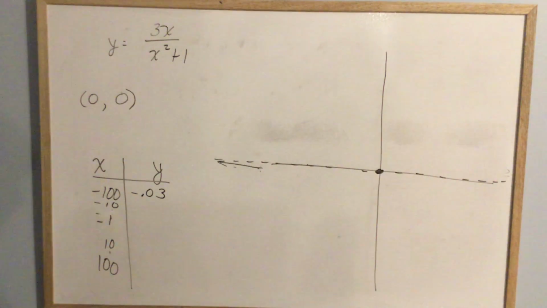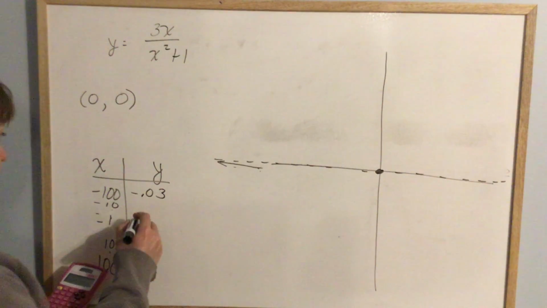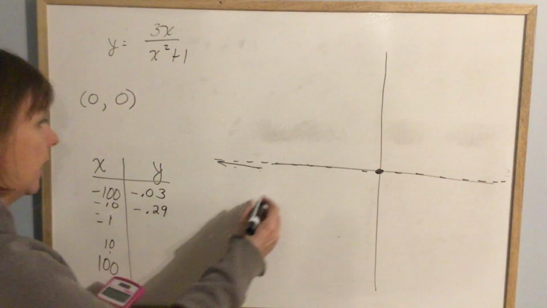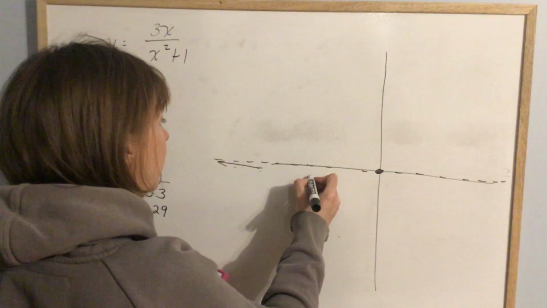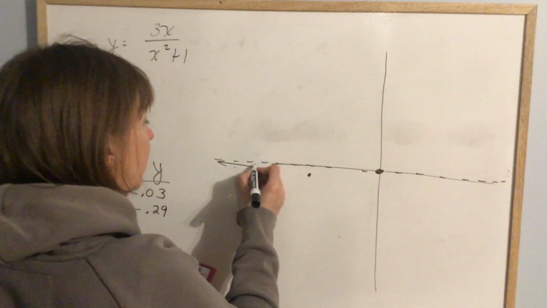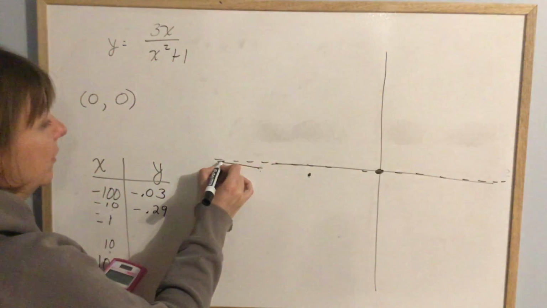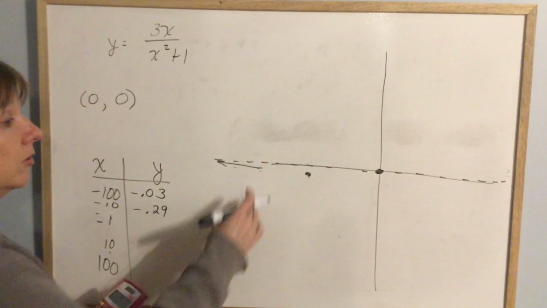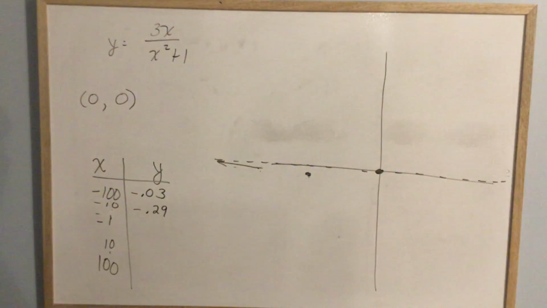At negative 10, that would be negative 30, and negative 10 squared is 100, plus 1 is 101, so divided by 101, it's negative 0.29. So at negative 10, it's a little bit further down, right? Because this is at 0.03, so really close. This is at 0.29, so still close to the asymptote, but not as close.